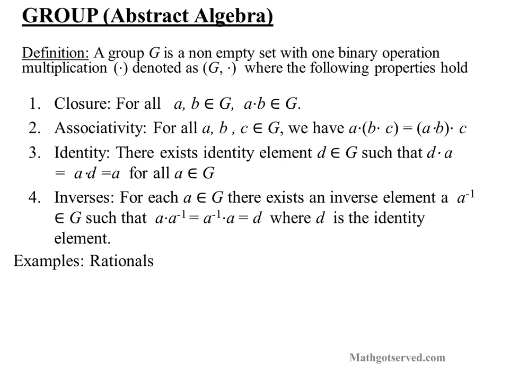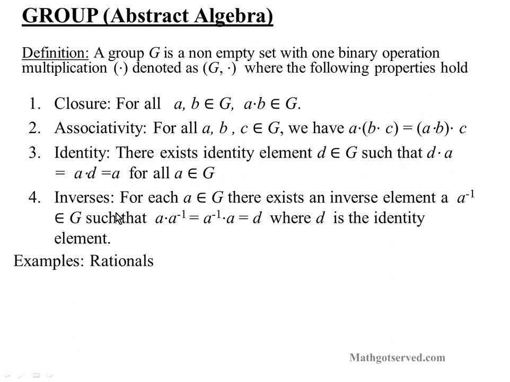The reciprocal of any non-zero rational number represents the inverse of that number, because when you multiply any rational by its reciprocal, you end up with the identity element in the set of rationals, which is 1. So we can clearly see that the rationals satisfy all four conditions in order to form a group.